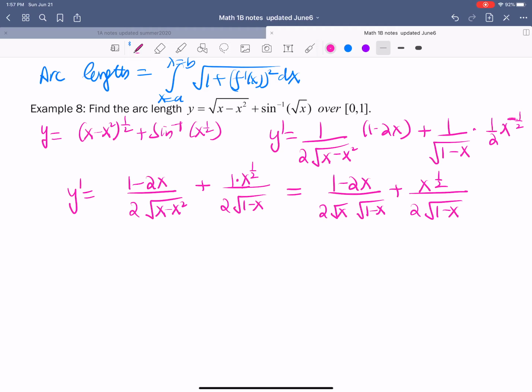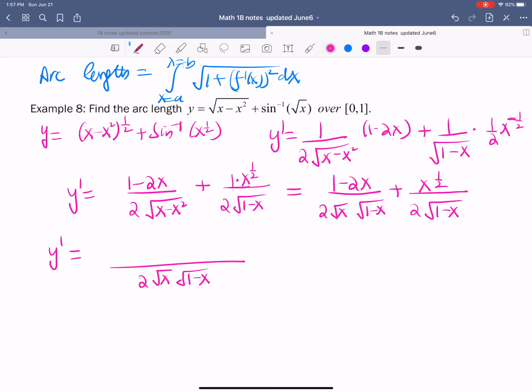Now I'm very close to getting the common denominator, so I'm going to write it as a common denominator. The reason why I'm doing this is when I plug it back in, simplification would become a little bit easier for me. So the common denominator here turns out to be 2 root x root 1 minus x.